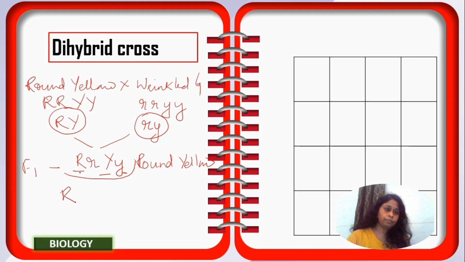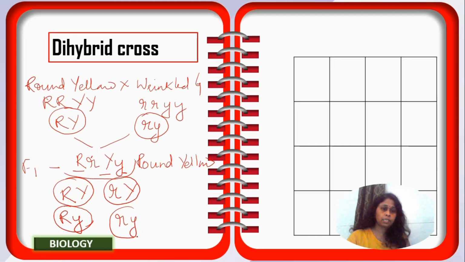Capital R, capital Y, first we will do the capital ones, right? Capital R, capital Y, then capital R, small y. Then we will take small r, capital Y, and small r, small y. So these are the possible gametes for the F2 generation.